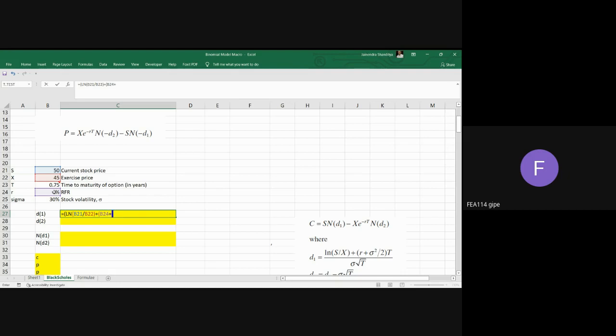The formula for D1 is r plus sigma square upon 2, times T. If I square sigma and divide by 2, the possibility is that Excel will get confused because there is a multiplication with the T. So what I normally do is I write 0.5 into this sigma square, which is this raised to power 2. And then I multiply by T, which is the time factor.